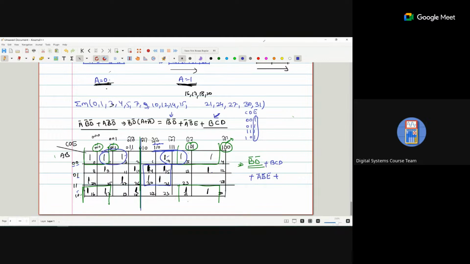Okay, rest terms you can create a group. One group you can create in this form. Okay, so here all ones are covered. Now go to the first part. So you can create one group here. That will create one group.